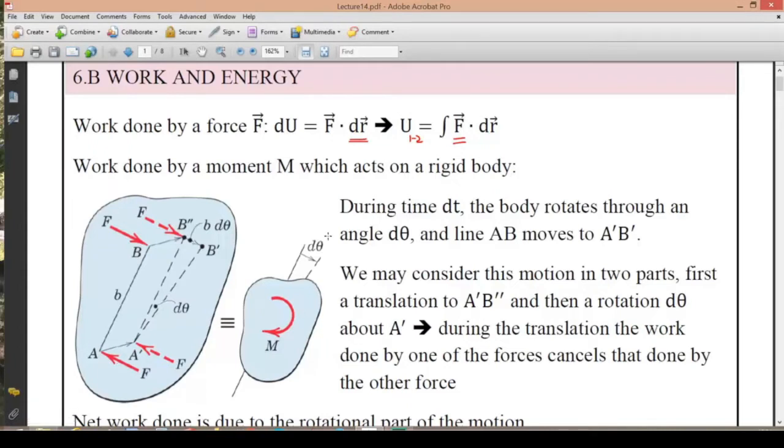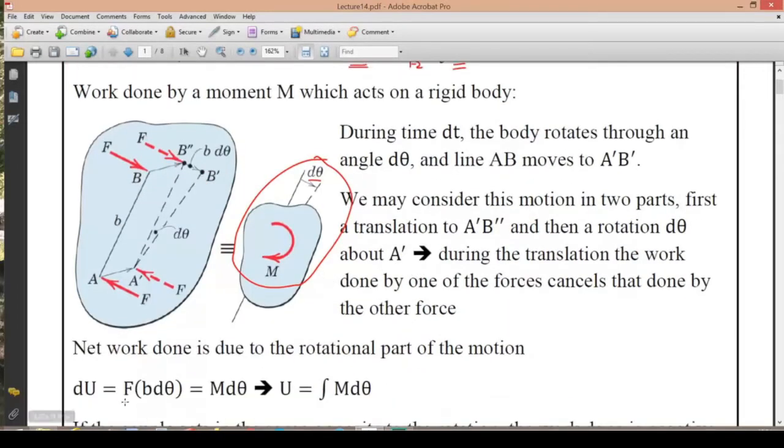The equivalent diagram of this is shown over here, where there's this moment acting in the clockwise direction, and as a result, there's this angular displacement, a finite small amount of angular displacement that is defined as d theta, and we can calculate the work done by this moment or force couple in this way. If we use the force couple, then we take the moment about this point, and there's this force acting on it, and the distance of that force is calculated. The displacement caused by that force is calculated as b d theta.